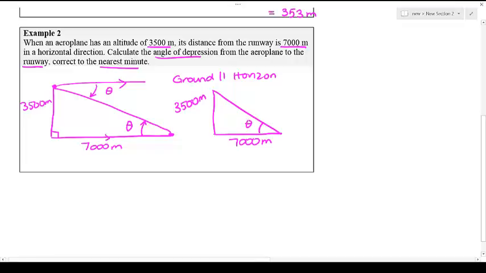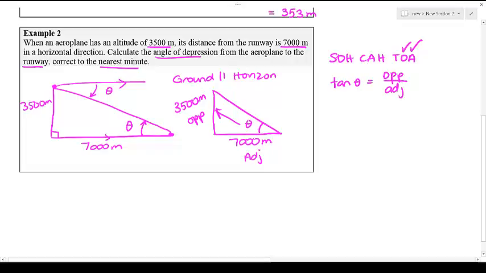We're going to solve for theta using those two sides. Before we can use SOHCAHTOA, we need to identify the sides. 3,500 is our opposite side, 7,000 is our adjacent. Looking at SOHCAHTOA, once again, tan is the most appropriate ratio to use.